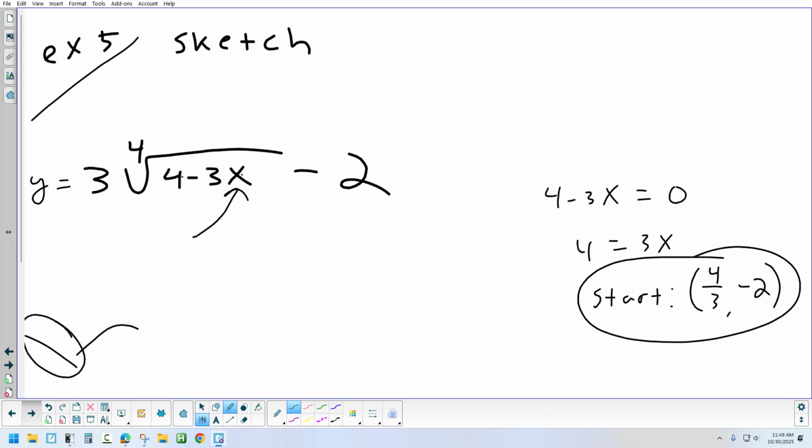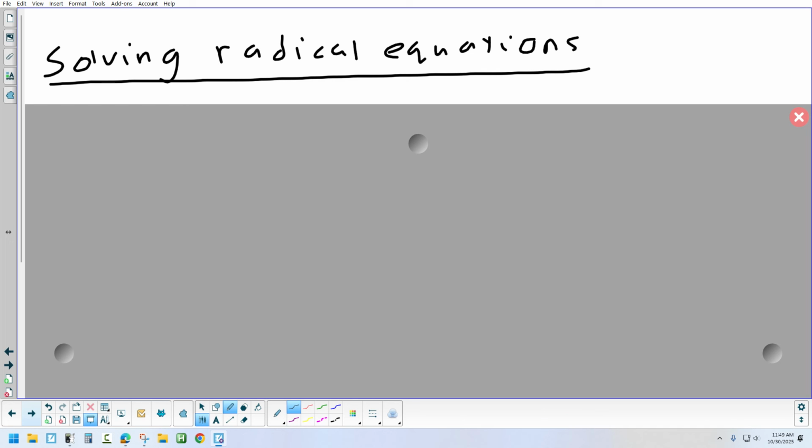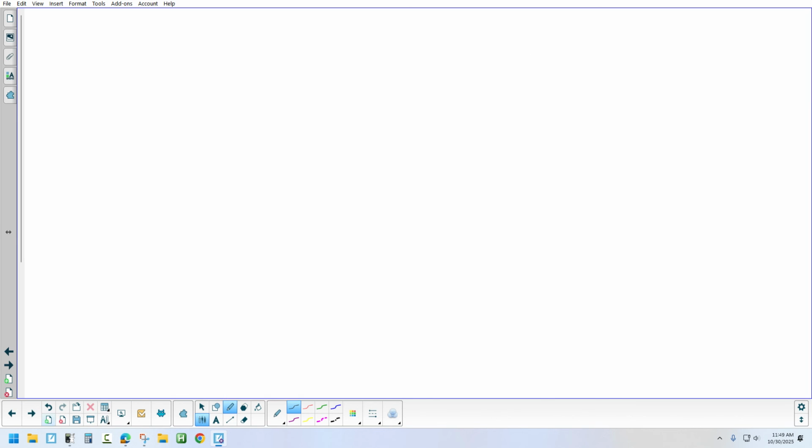All right. So last thing, radical equations. Depending on whether it's an equation or an inequality and the complexity, we can do it by hand or we can do it on the calculator. We'll do 2 by hand, and then if you have to do 1 on the calculator, if we don't get to something like that, let's say we had something like this.